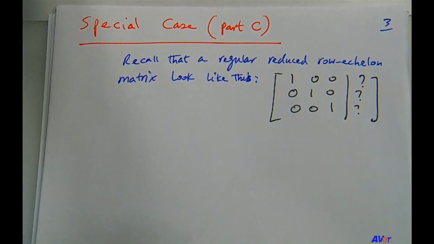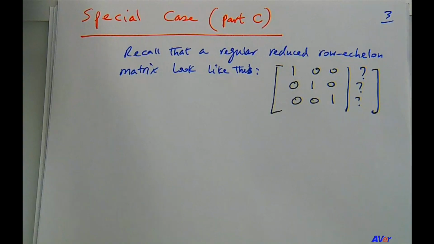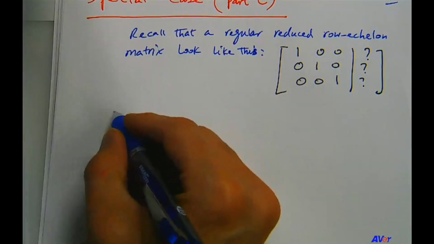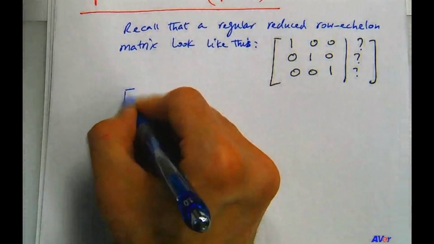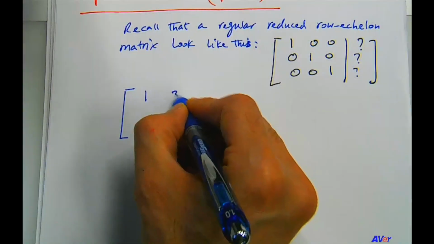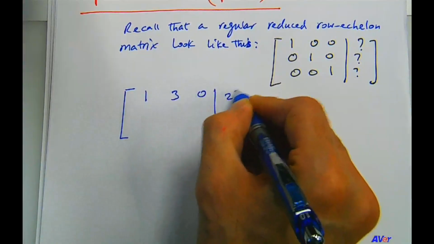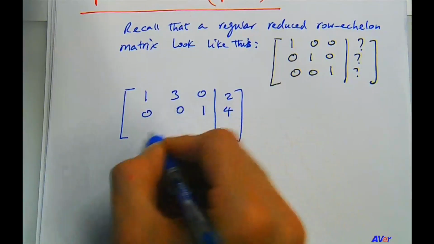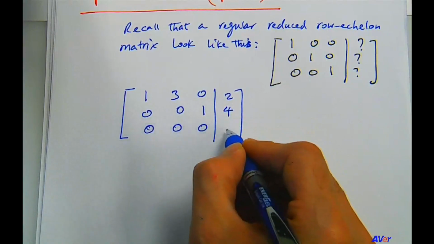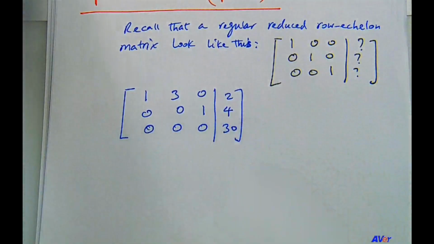But with a special case, it might look like this. Here we have 1, 3, 0, 0, 0, 1, 4, 0, 0, 0, 30.